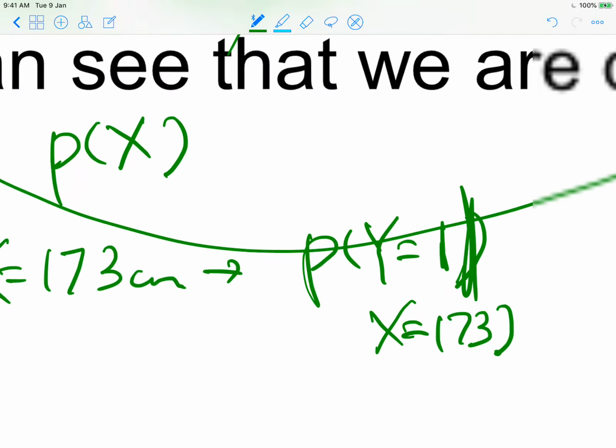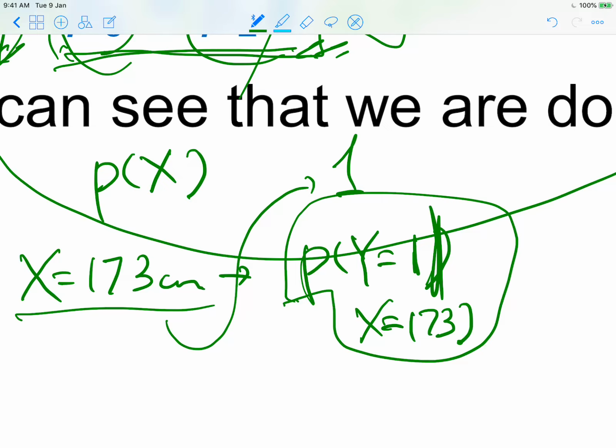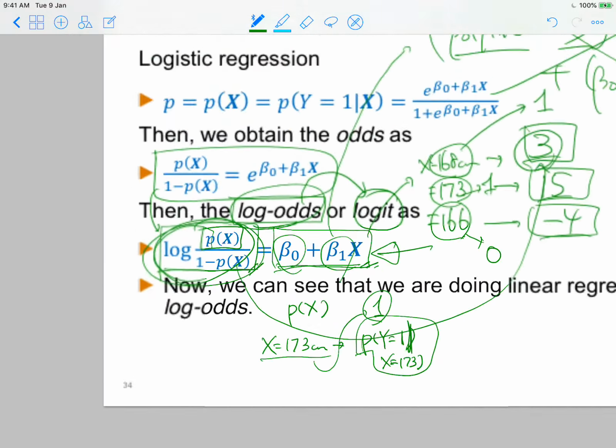Instead we only know this guy is male, and the other example is female, and so on. So at a specific feature value, we do not know the actual probability value that can range between 0 and 1. We only know their specific label, whether it is 1 or 0, right?